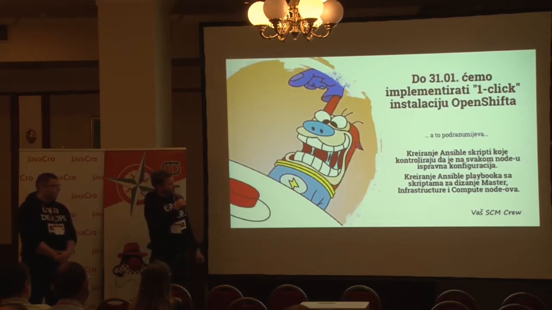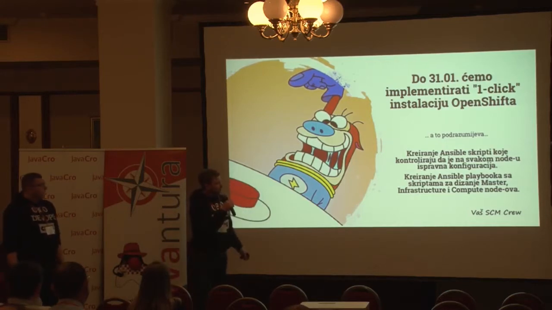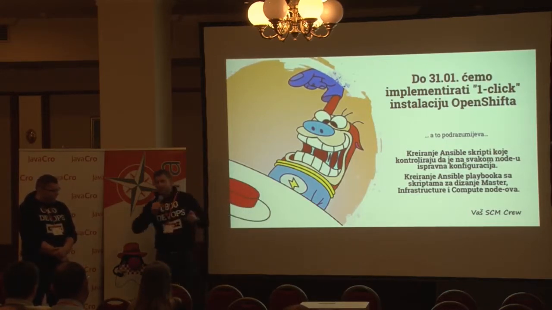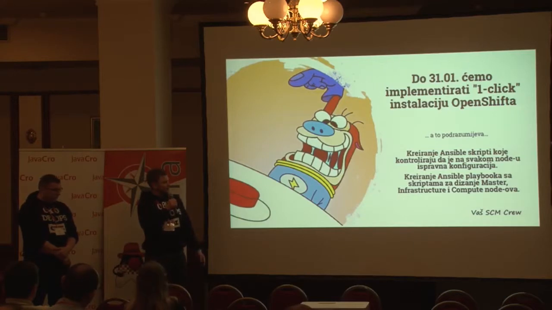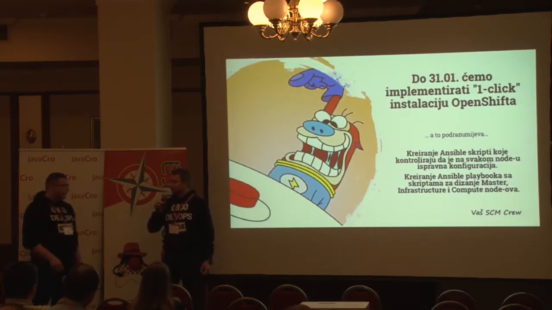We also had a nice vision of how to achieve it by using Ansible scripts and whatever it takes to get this one-click installation done. We used Ansible, and definitely some other tools, and Tomislav will now tell us a little bit about the how part of this initiative.